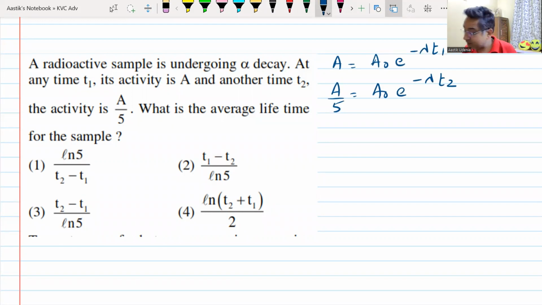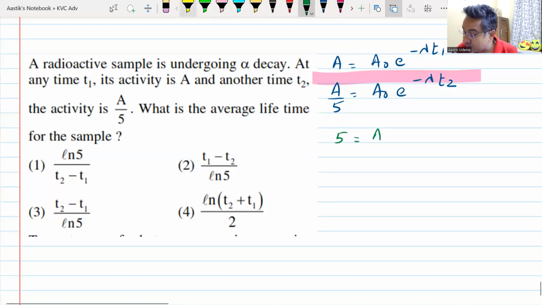When you divide 1 by 2, I think what you are going to get is 5 will be equal to, A naught will get cancelled, my dear friends, e to the power lambda times, I think you will get T2 minus T1.